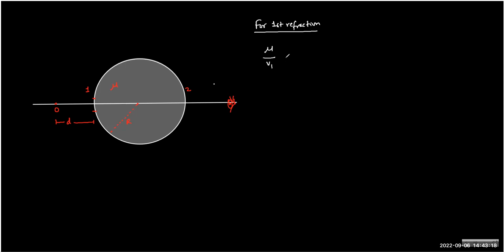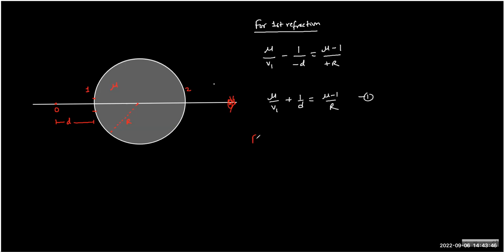So I will say v1 minus mu1 is 1 and u is minus d. Mu2 minus mu1 by plus r. It is clear? No need to solve and rearrange, just write the equation the way it is. So mu by v1 plus 1 by d turns out to be mu minus 1 by r. So call it equation 1.